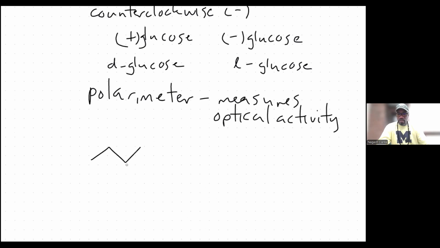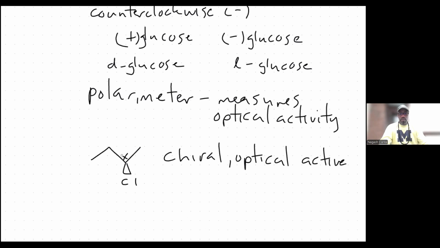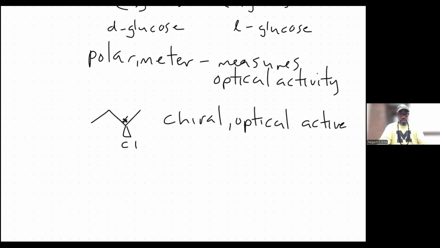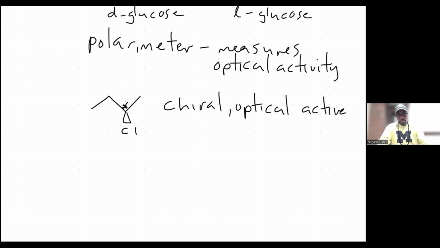So as we go here, this is chiral and optically active. Right, because there's a chiral carbon. There's one chiral carbon, so we can say that. We can look at this molecule and say it's achiral and optically inactive.